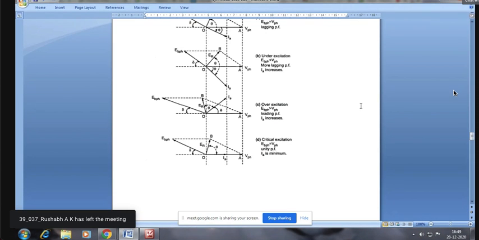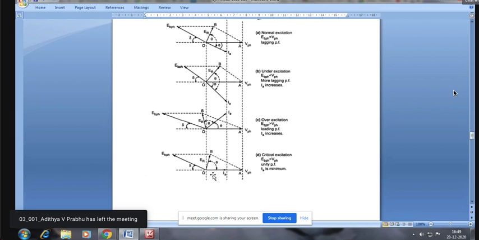And the last figure talks about critical excitation, wherein the magnitude-wise EMF induced and applied voltage are the same, but the excitation is such that it will result in a unity power factor.